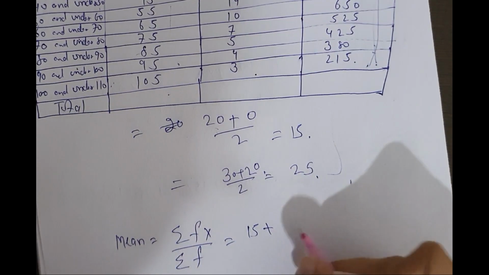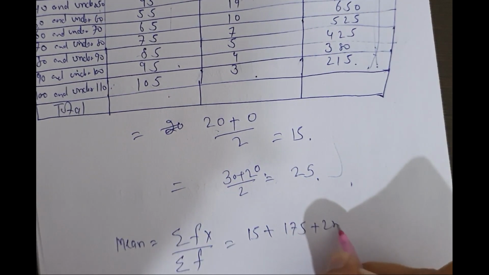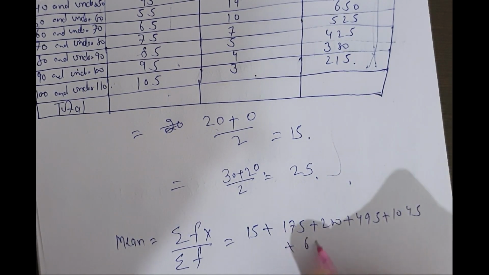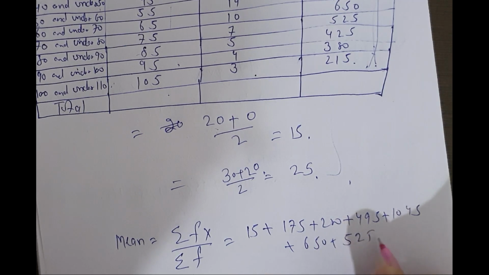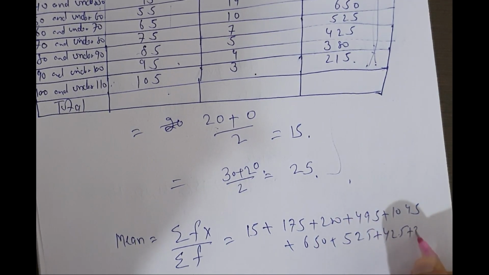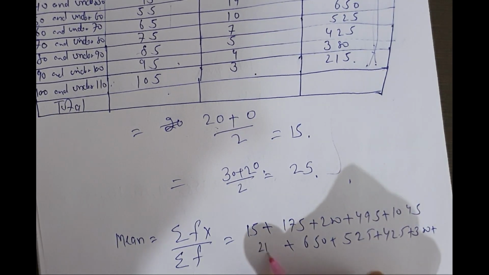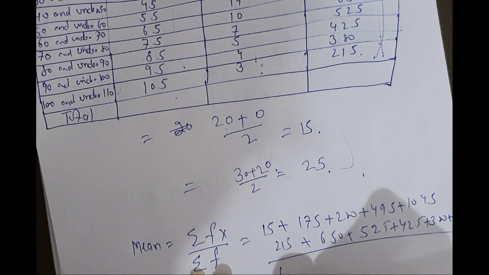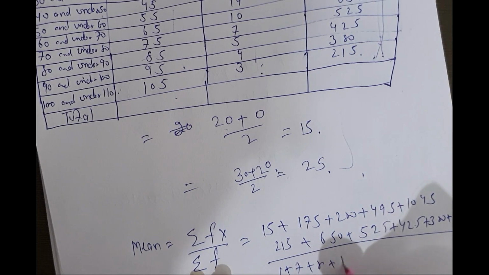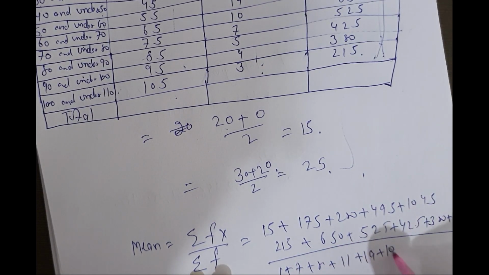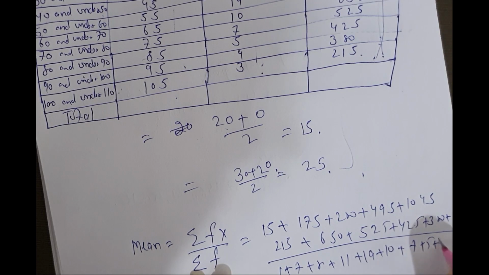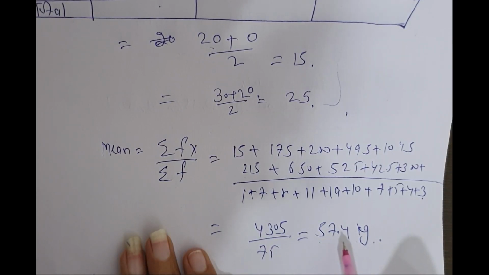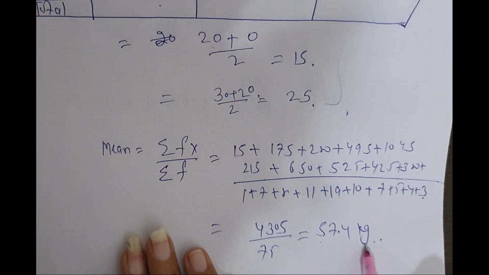Add this whole, and now the answer came out to be 57.4 kgs. Now the mean of this data is 57.4 kgs.